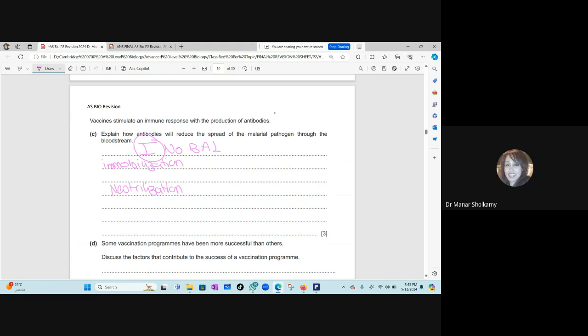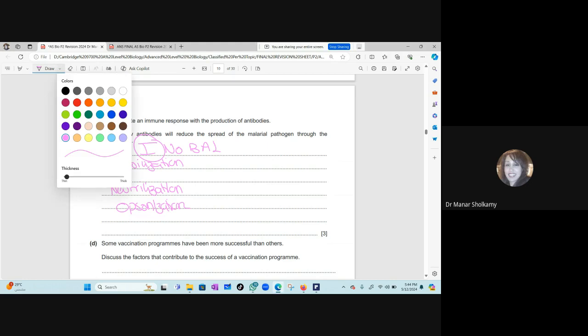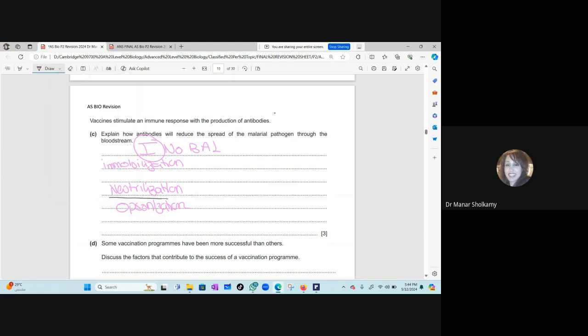And what about O? Opsonization. Good. And what will you say here? Come on, here they will mark the pathogen so that it is easier for the neutrophils to identify it and easier for phagocytosis. This is one of the most important modes of action for antibodies.